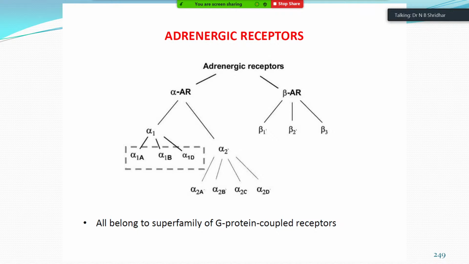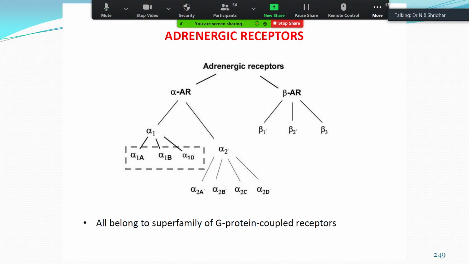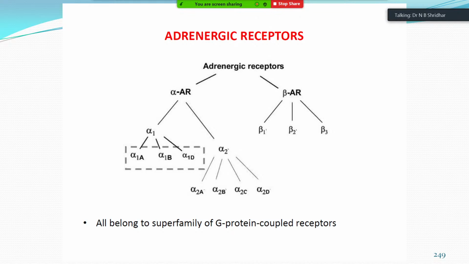Here there is a flow diagram of how these adrenergic receptors are classified. So alpha adrenergic receptors and beta adrenergic receptors. Beta is classified as beta 1, beta 2, beta 3. And nowadays it is also said that beta 4 receptors are there and they are located in the central nervous system. And alpha receptors are subclassified as alpha 1 and alpha 2. Alpha 1 receptors are classified as alpha 1A, alpha 1B and alpha 1D.